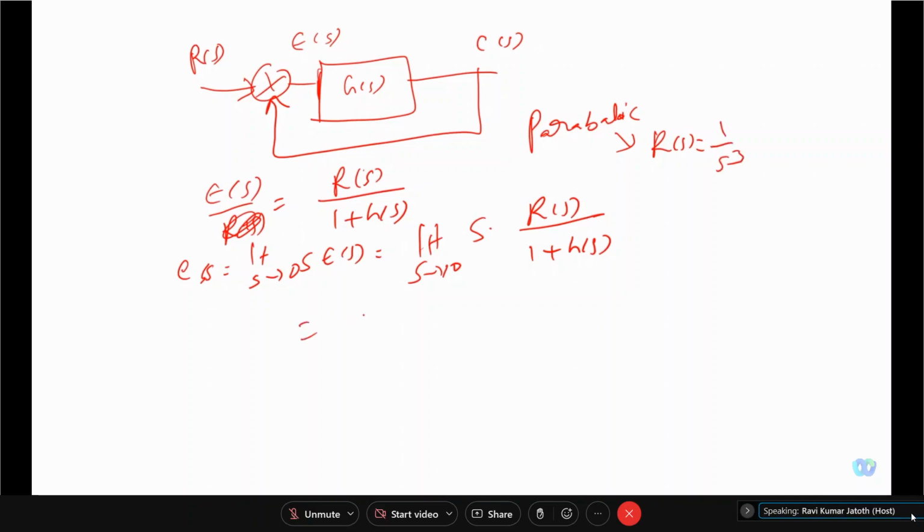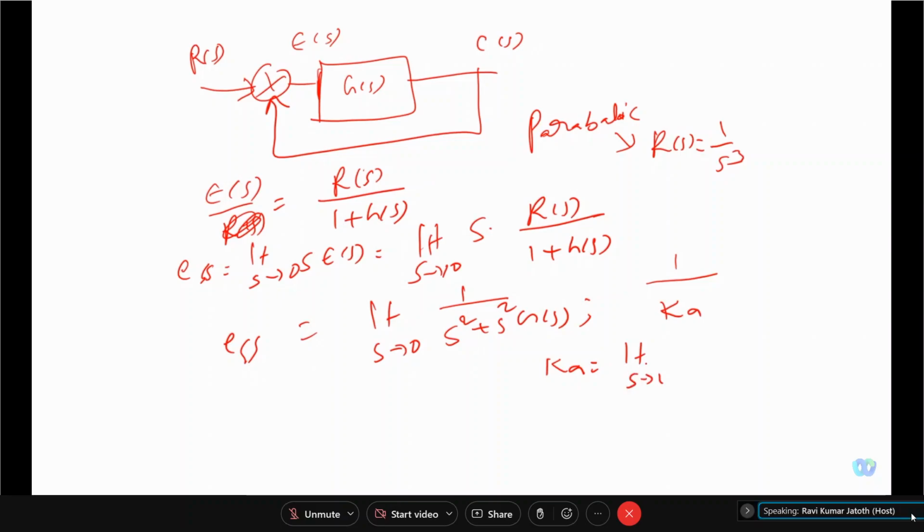When you substitute this, you get limit S tends to 0 of 1 by S square plus S square G of S. And ESS is equal to 1 by Ka, where Ka is equal to limit S tends to 0 of S square G of S. Is it fine?